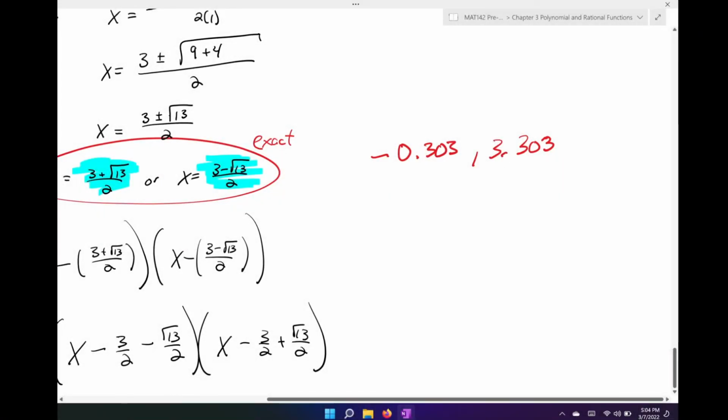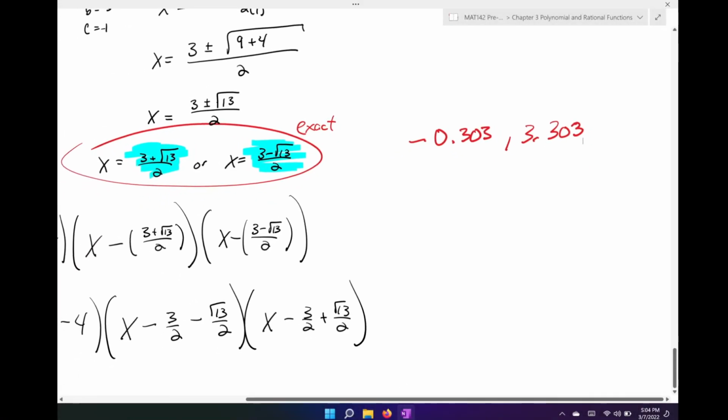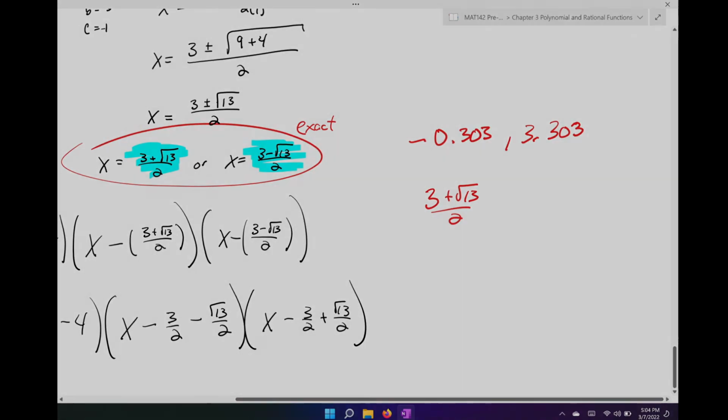But going back into our notes here, 3 plus the square root of 13 over 2, just using a calculator. So back onto this.